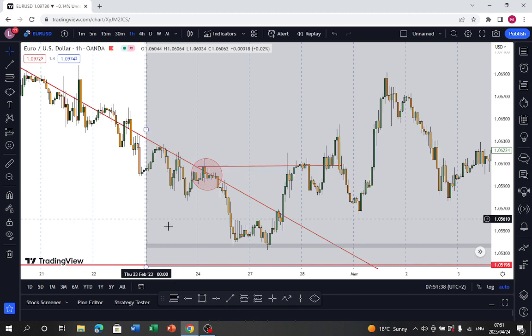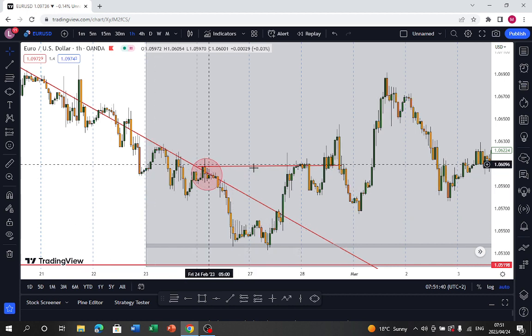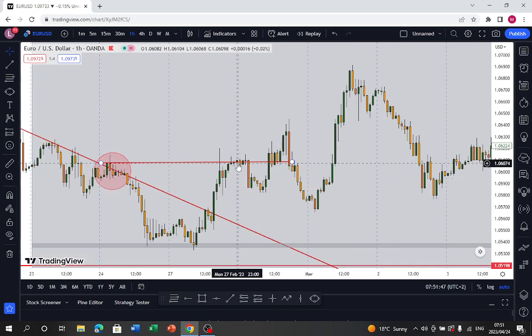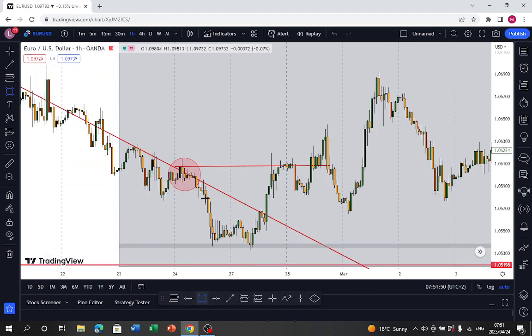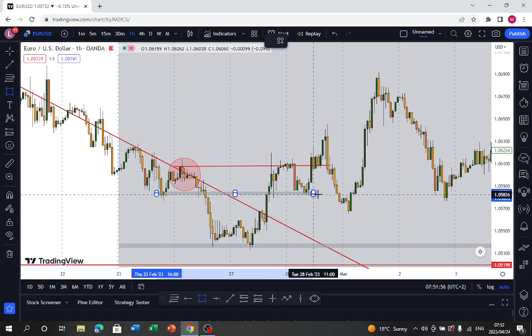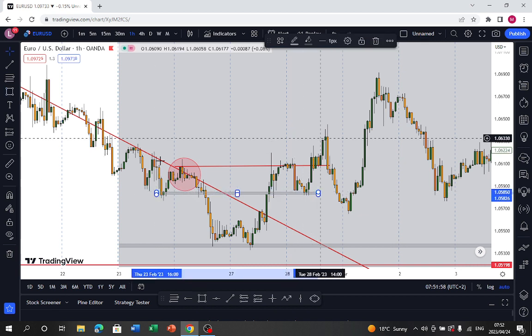So if you pay attention, this is what happened. The market broke this structure right here, not here, did a fake out. Here you can see the candle did close above it, right? So after that, the market went down, then found an area of support, then went up, right?